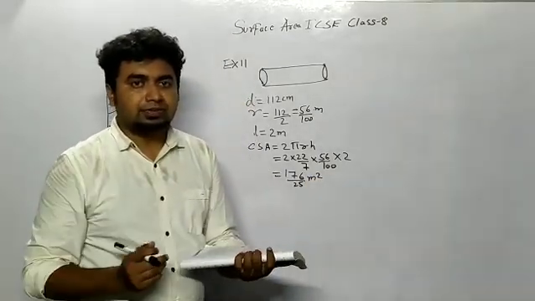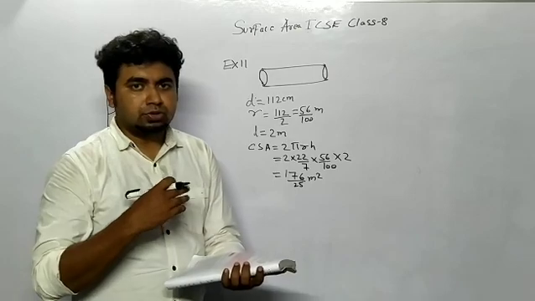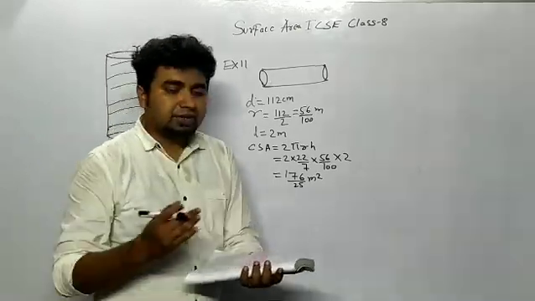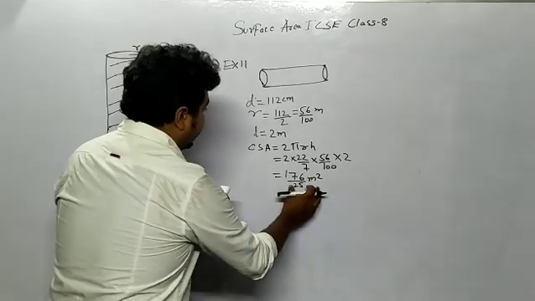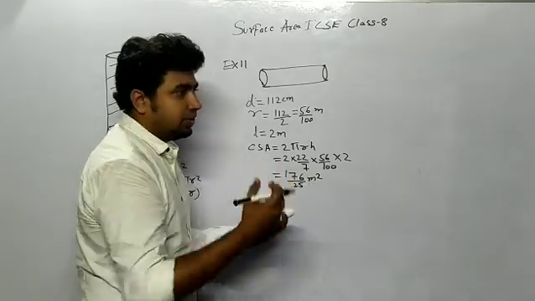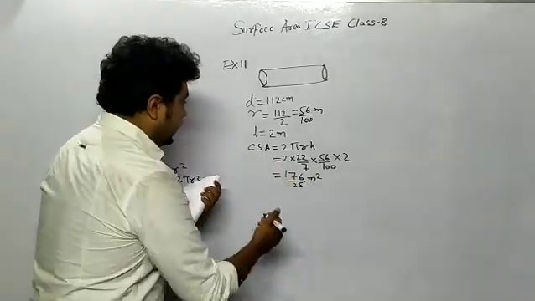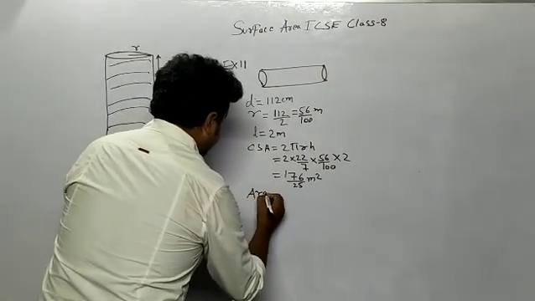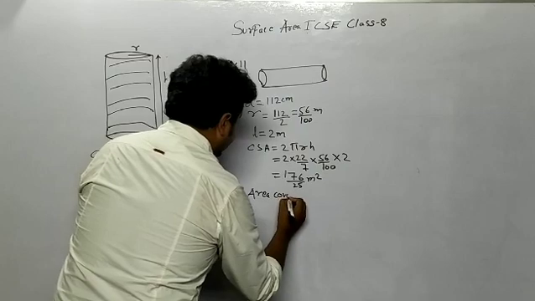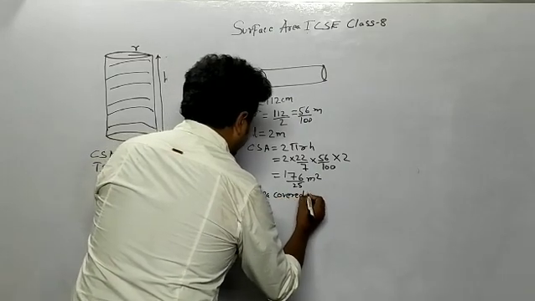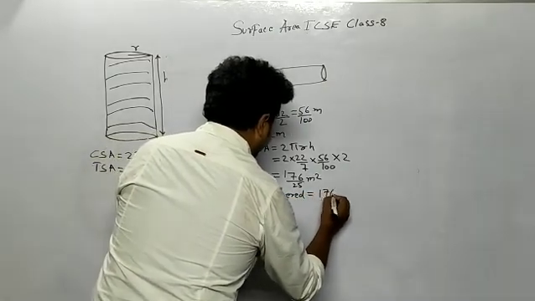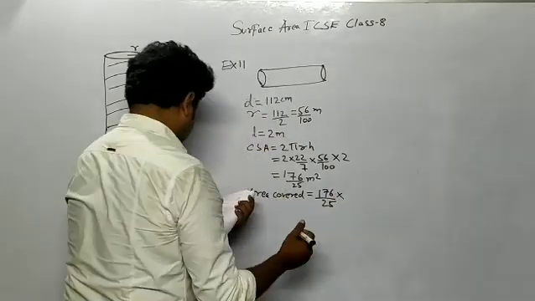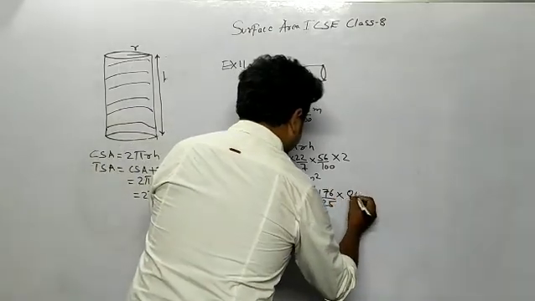And how many times is the road roller revolving? 800 times. This is the area covered by one revolution. So for 800 revolutions, the area covered will be equal to 176 divided by 25 into 800.